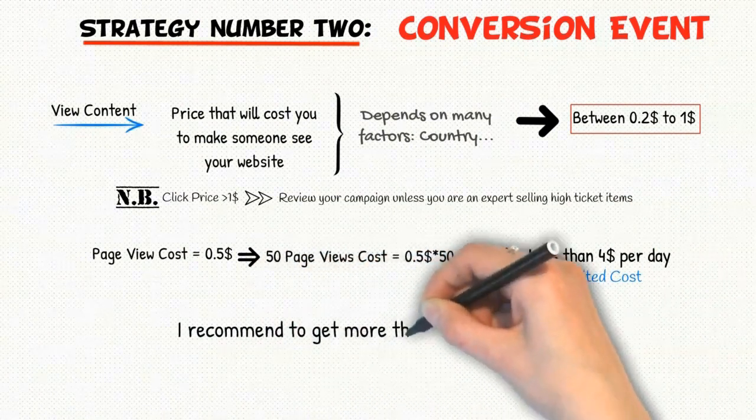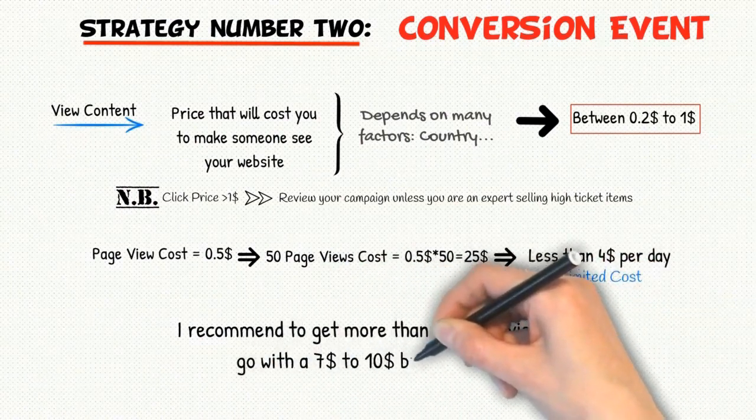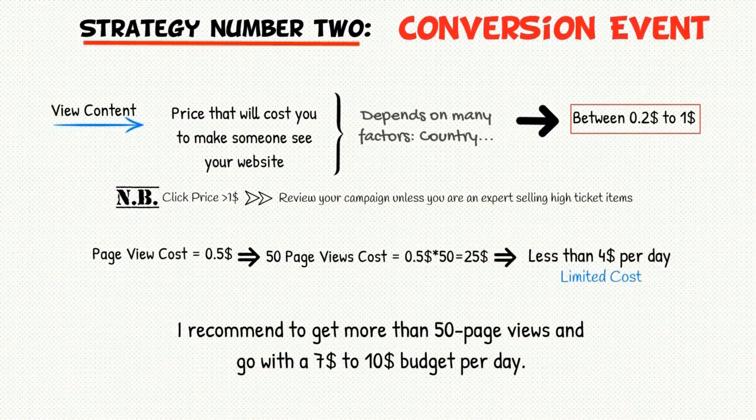And because the cost is very limited and small, I recommend you get more than 50 page views and go with a $7 to $10 budget per day. After 1 week, you will definitely get more than 50 page views, and Facebook will have data to use in order to optimize your ad.